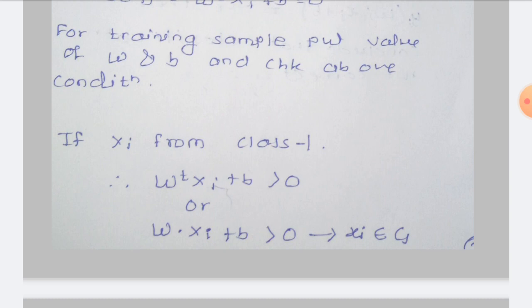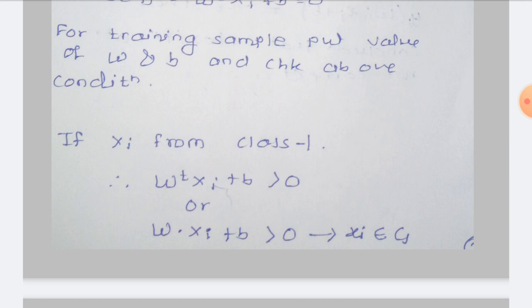Now suppose I have a vector xi and it belongs to class 1, so my equation will be WTxi plus b is greater than 0. Now I can rewrite this equation. Using a simple mathematical rule, I can convert it to a dot product: W dot xi plus b is greater than 0.